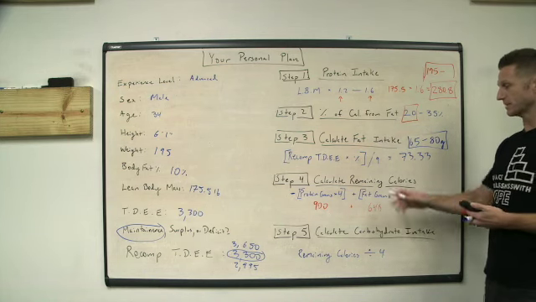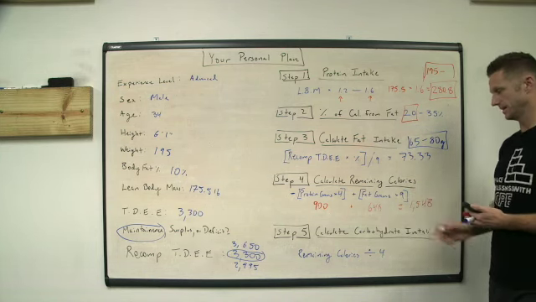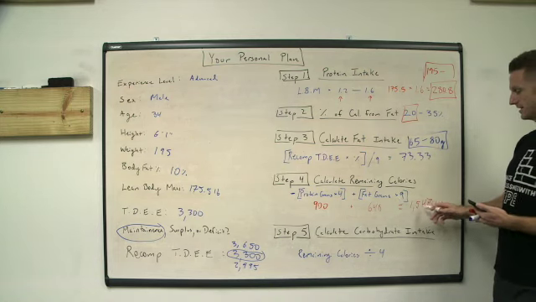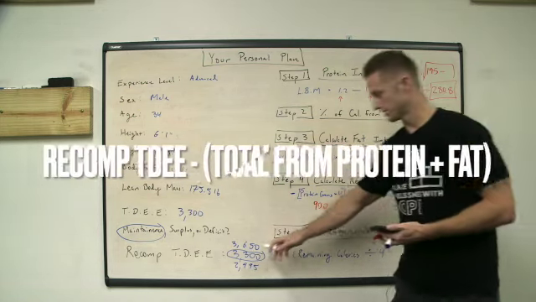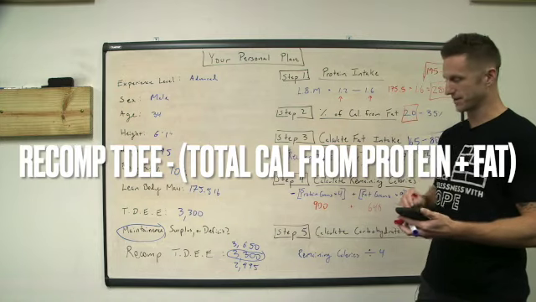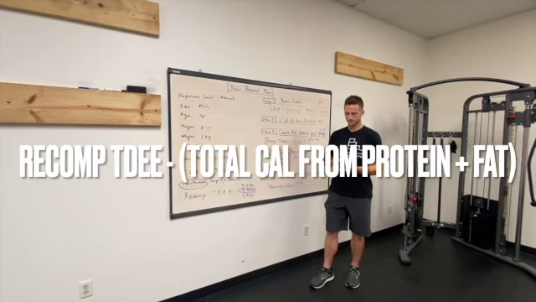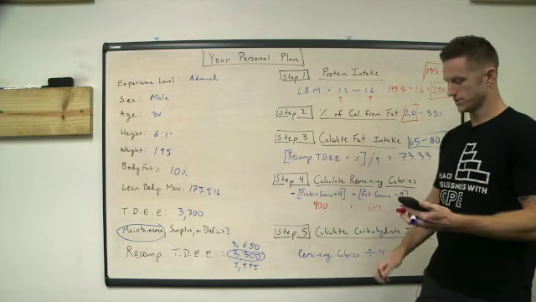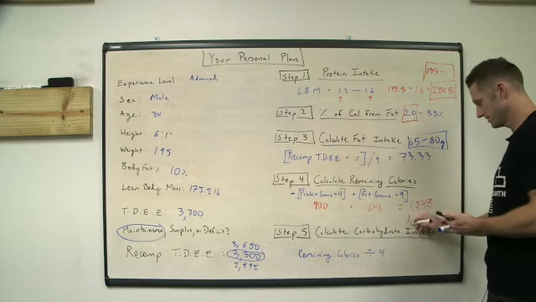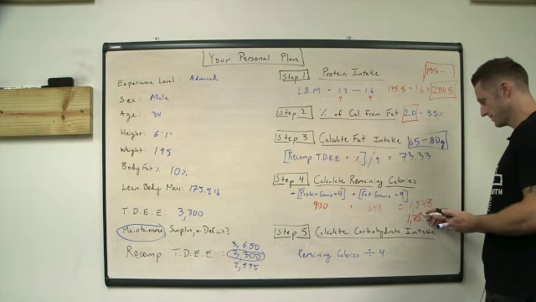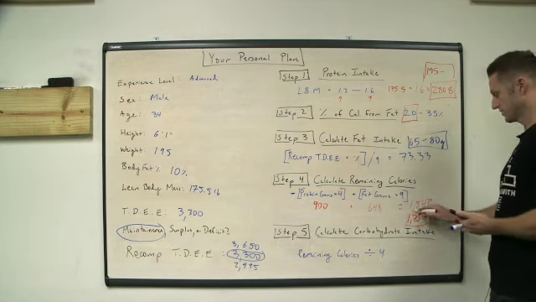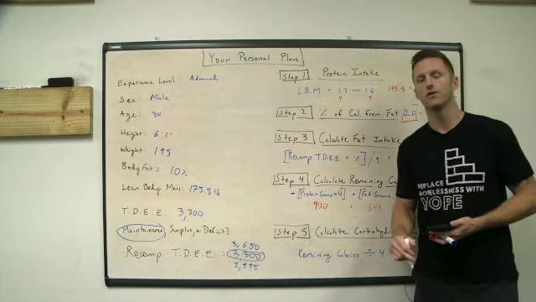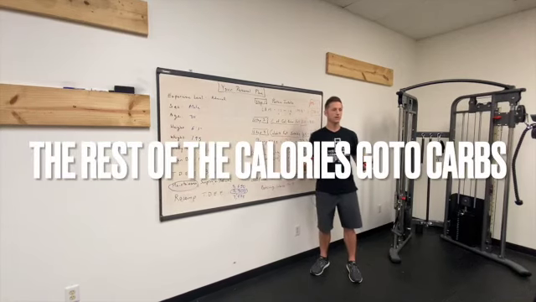So the way that I get my remaining calories is I subtract this from that, and that'll give me my remainder of my calories, which is 1,752. So that's how many calories now that I can fill up with carbohydrates.